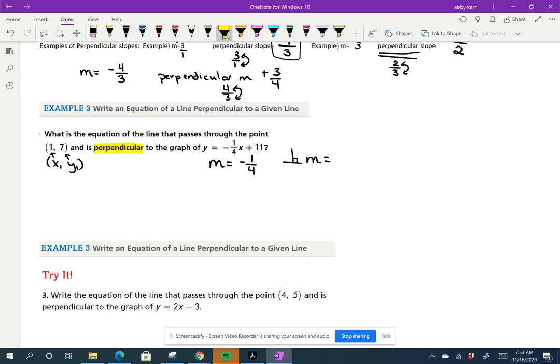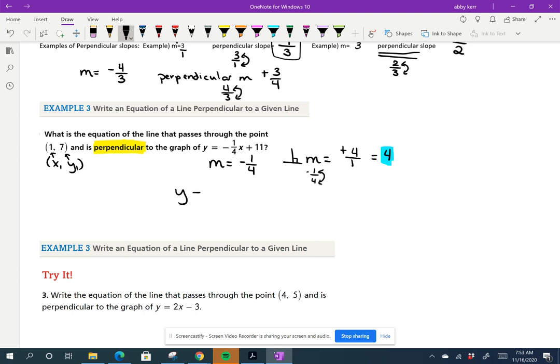Notice that we're talking about perpendicular right here, so you've got to look for that word. Now go back to the slope that they gave you. It was negative, so my perpendicular slope is going to be positive. And then we're going to switch the numerator and the denominator. Positive 4 over 1 is really 4. So that is going to be our new slope that we use.